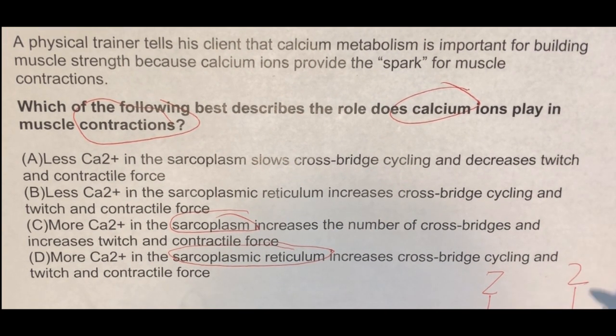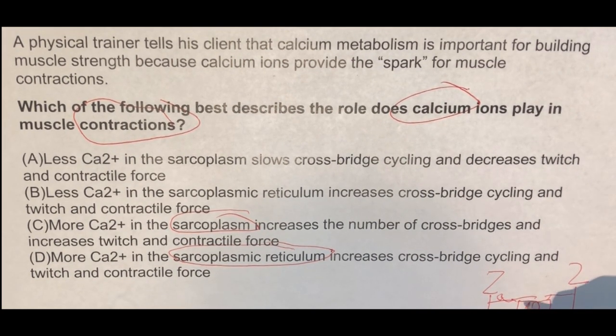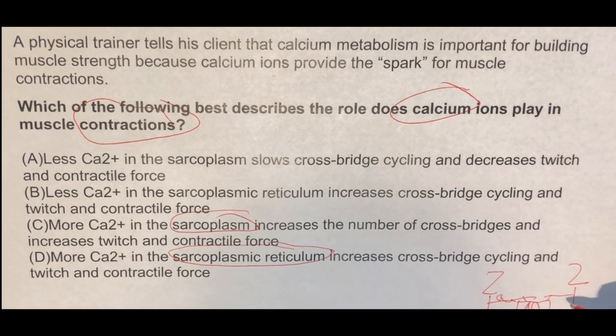Z lines, thin actin filaments attached to those Z lines for overlap with a thick myosin filament. So here's the actin, and there's the myosin. And we know the active tension for purposeful movement comes from cross-bridge cycling.